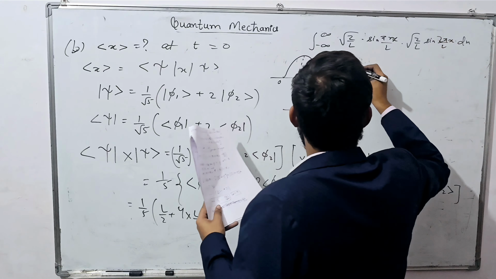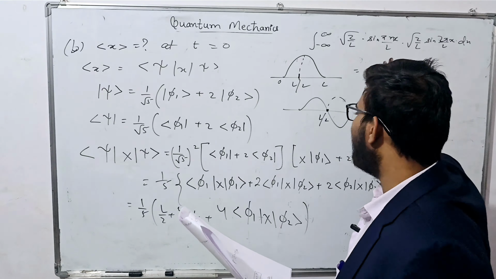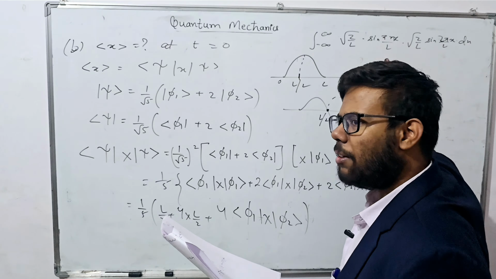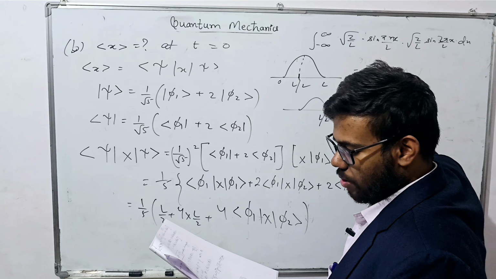You evaluate it, it's your work to evaluate over here, because if I evaluate it will take lots of time, and it's just simple mathematics. Your mathematical skills will save you over here. So you have to evaluate this, and you will end up getting minus 16 L by 9 pi square, right?